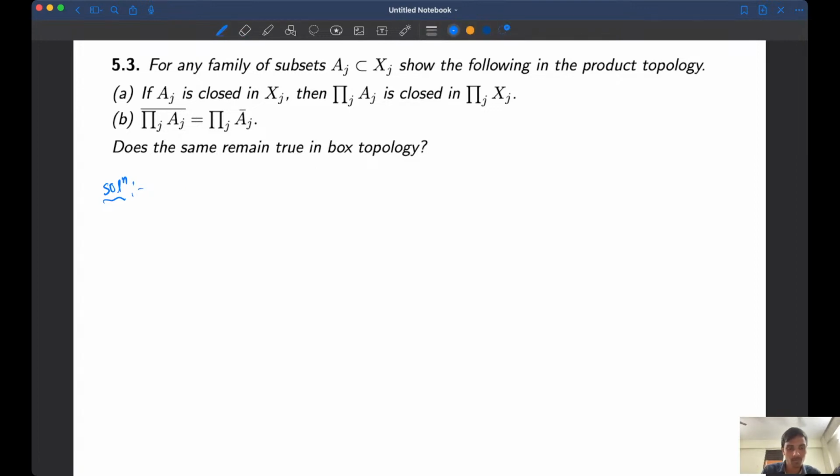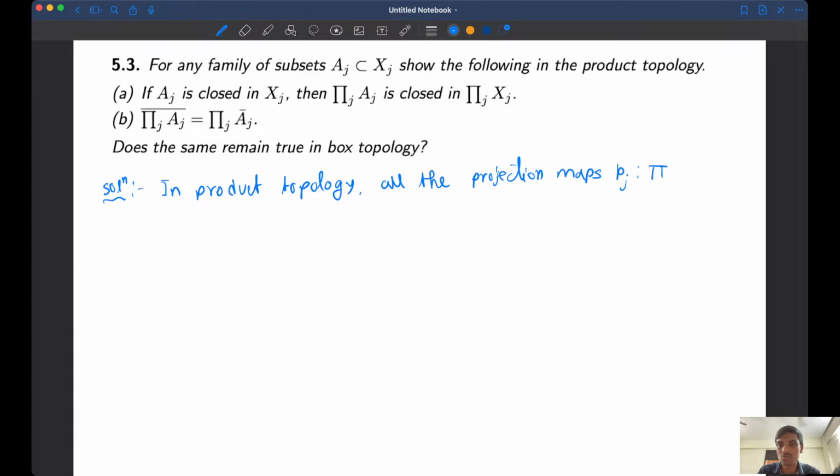In the product topology, the projection maps, which I will call p_j, maps from the product of the X_j to X_j, are continuous.